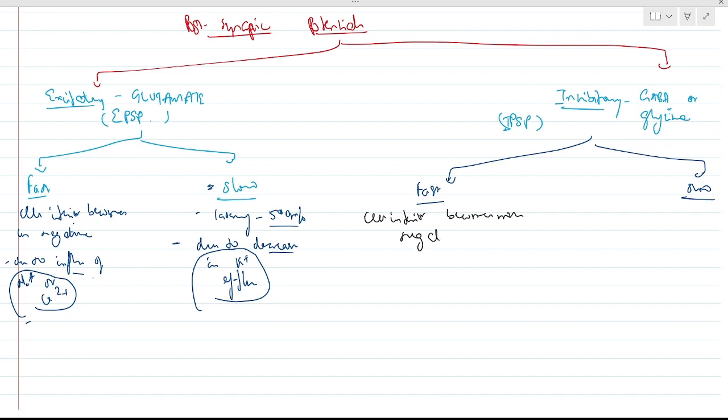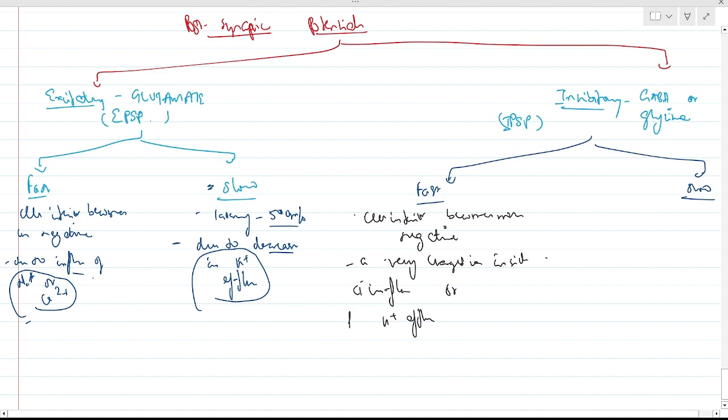It is inhibitory, going towards hyperpolarization, due to a negatively charged ion inside, which could be due to chloride influx, or it can also be due to fast potassium efflux.